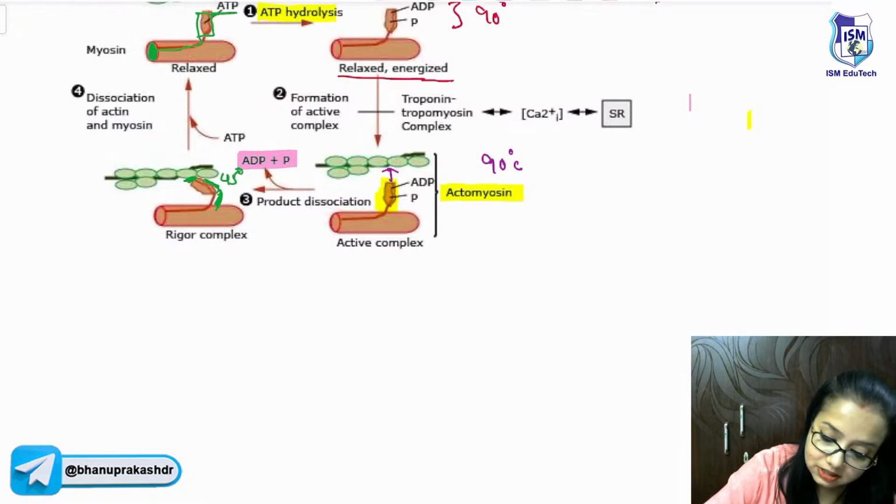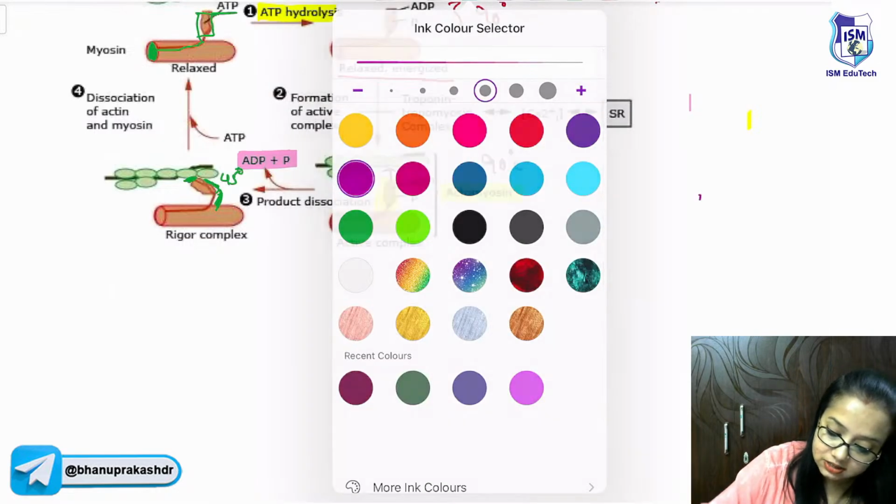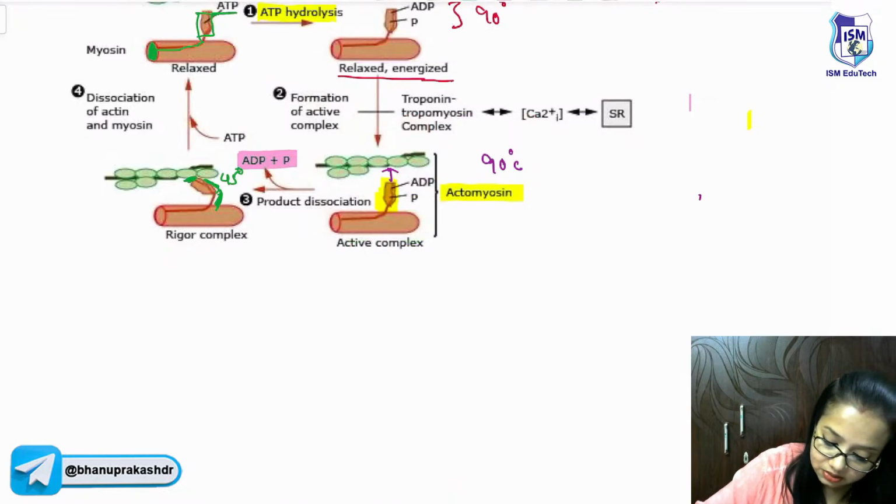This is the stage where we see the power stroke.